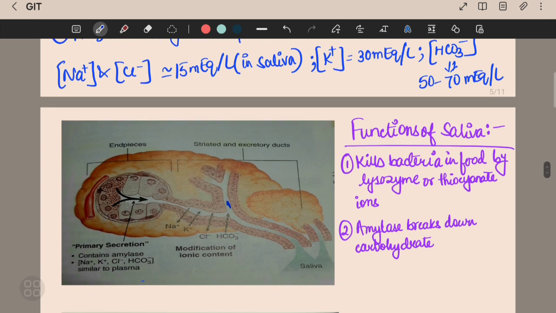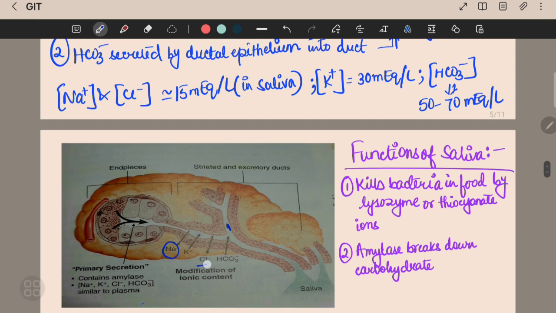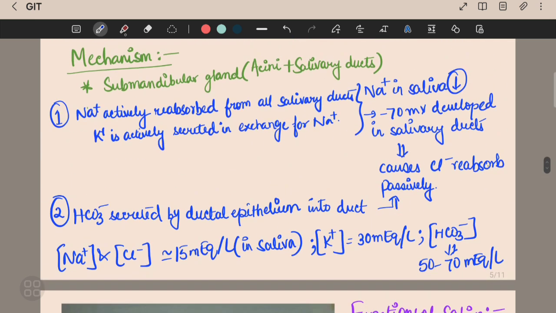Through these ducts, sodium will get reabsorbed into the glandular cell, and in its place, potassium will be secreted into the duct. Similarly, chloride will be taken in and bicarbonate will be secreted into the duct. That's why potassium and bicarbonate are at a higher concentration in the saliva. So what will happen? Sodium is actively reabsorbed from the salivary duct, and potassium is actively secreted in exchange for sodium.